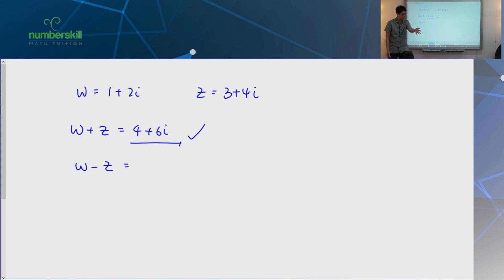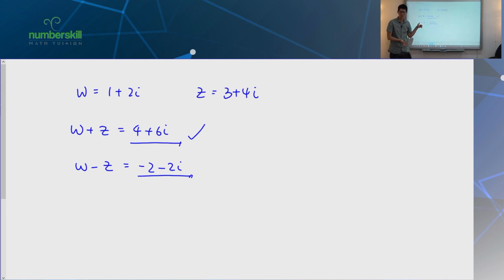Again, you never learned it before, right? So what do you think the answer is? Just guess. Negative 2 minus... minus what? Minus 2 lah. Correct. This one, 1 minus 3, and then 2 minus 4. So far so good?